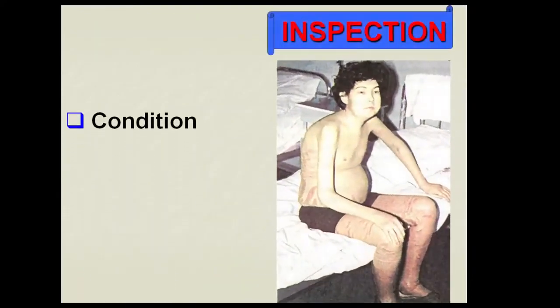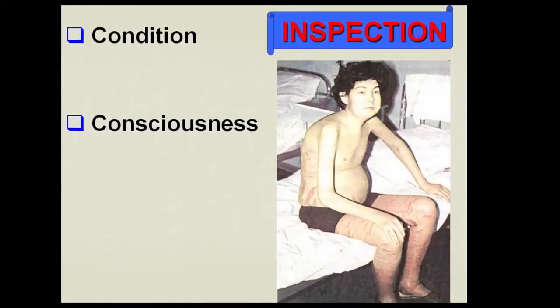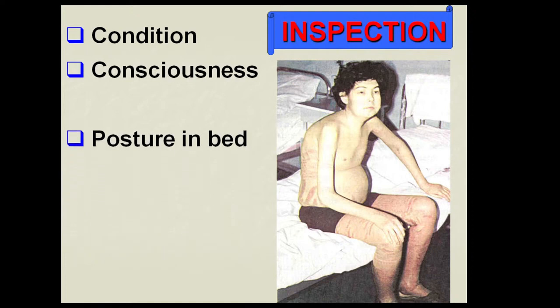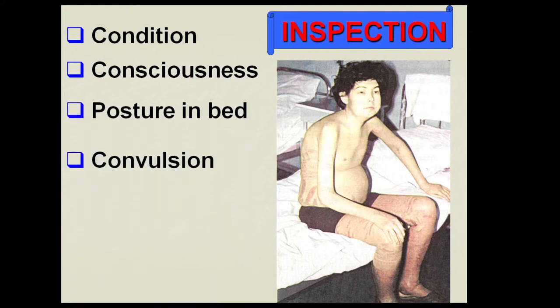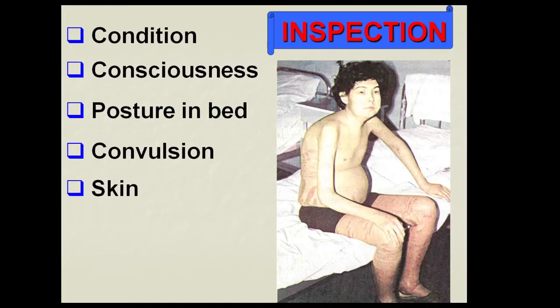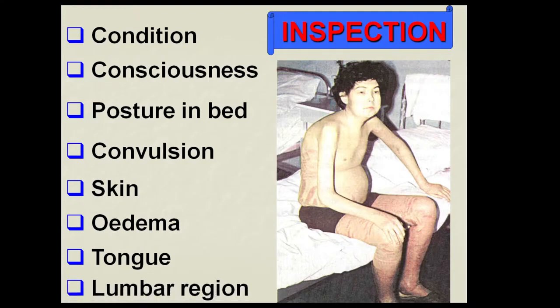The next step of our examination is inspection. And again, we'll come back to our first lecture. Remember that the kidney is a vital organ. If it's a vital organ, it regulates the general condition of the patient.